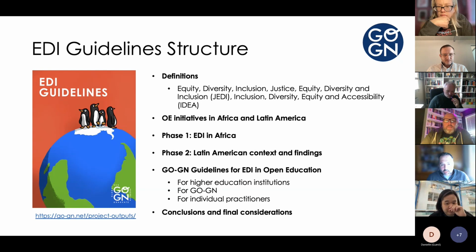You can see a detailed analysis of the phases in Africa and Latin America with quotes from participants and the reflection process analysis done by the team. And the interesting part as well is the takeaway guidelines, with a particular interest for higher education institutions, as well as for GoGN and individual practitioners. Next slide.